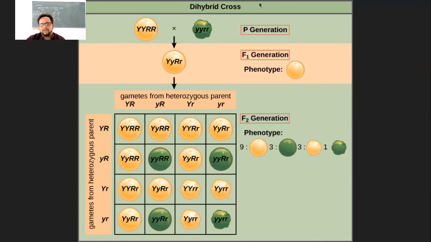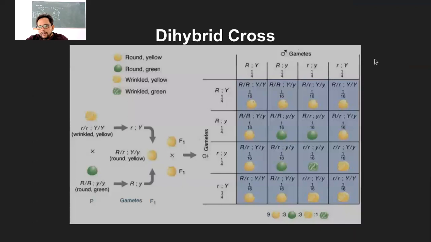So that is the dihybrid cross. This is one more representation I found, but here they have specifically written what alleles they are carrying in terms of their ratio, and that is why I have kept it here.